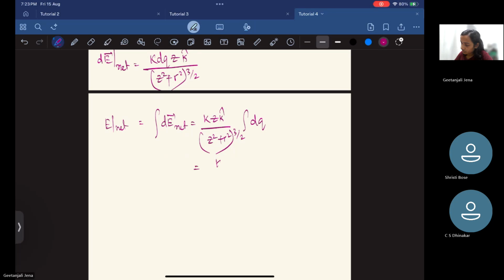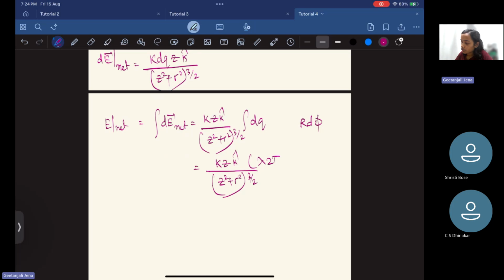Integration of dq will give lambda dl. dl is, as I said, R d phi, and phi is from 0 to 2 pi.